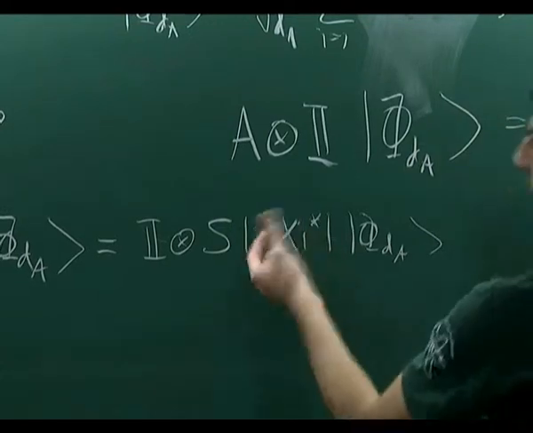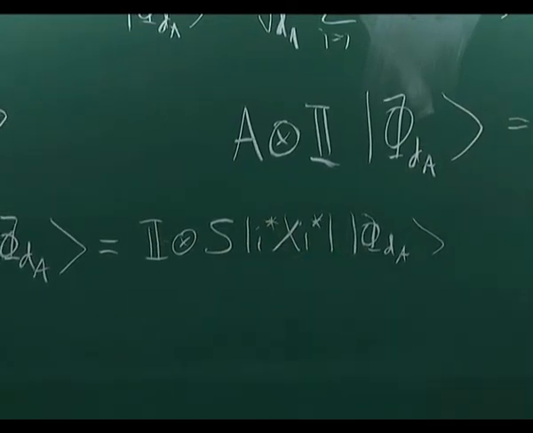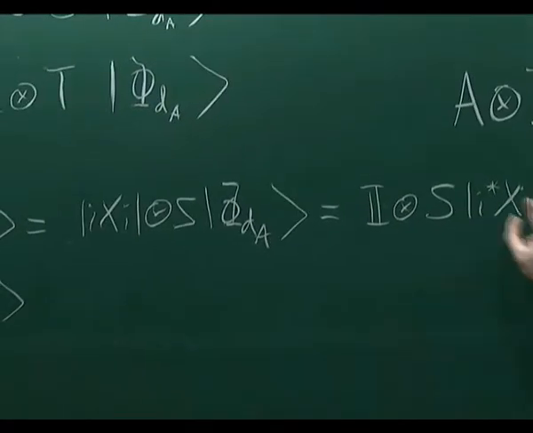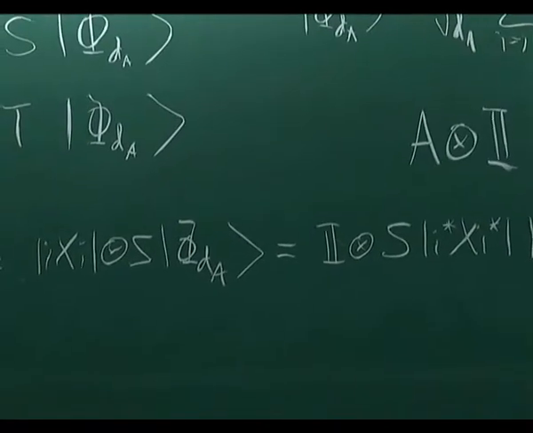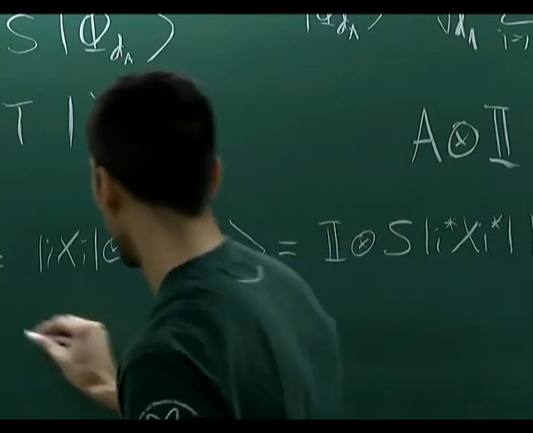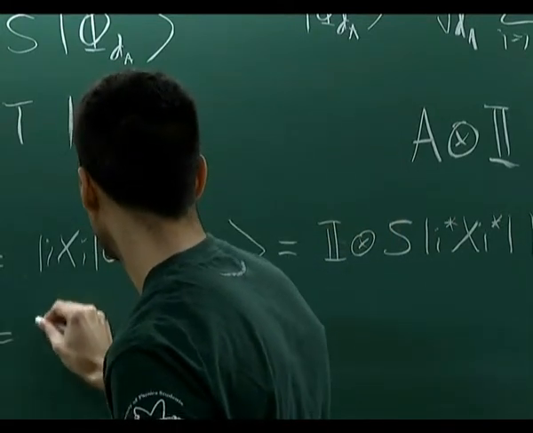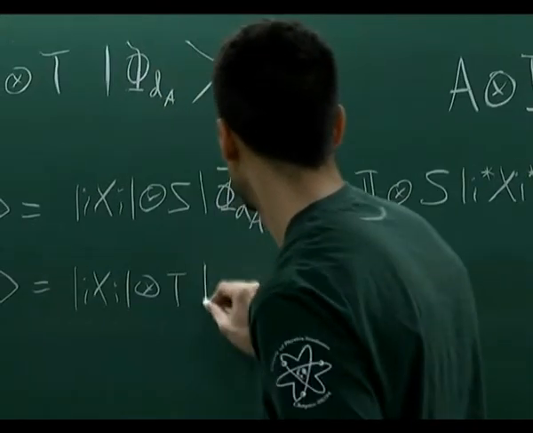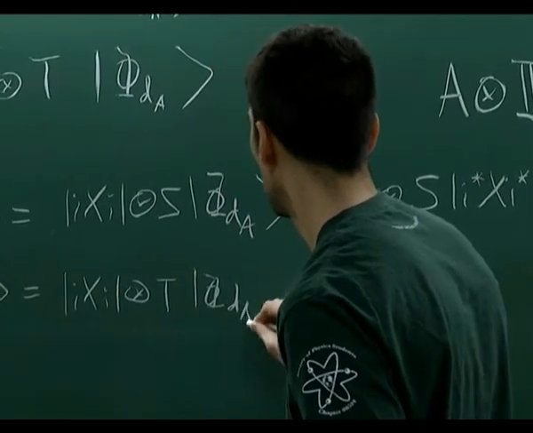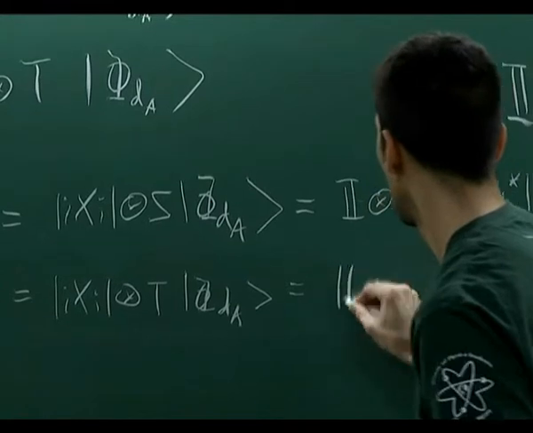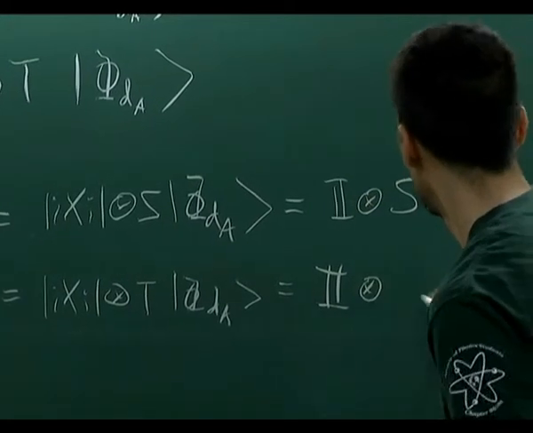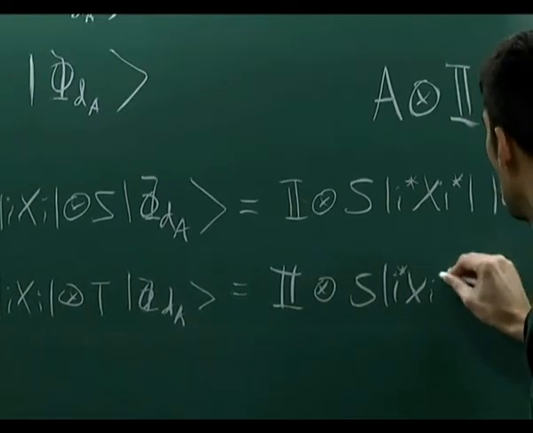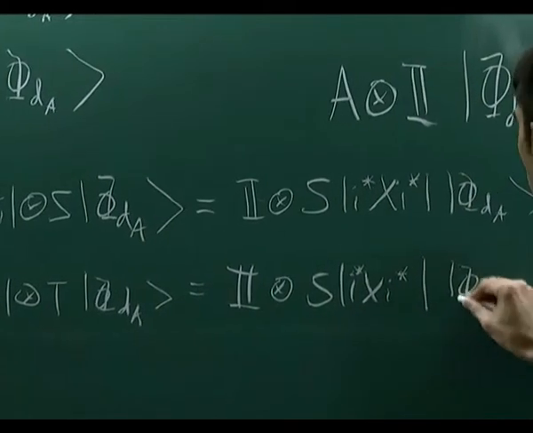Here, the star indicates that it's the complex conjugate, because when you're taking the transpose, you're going to inherit a complex conjugate. Okay, and likewise, on this guy, we have this T.